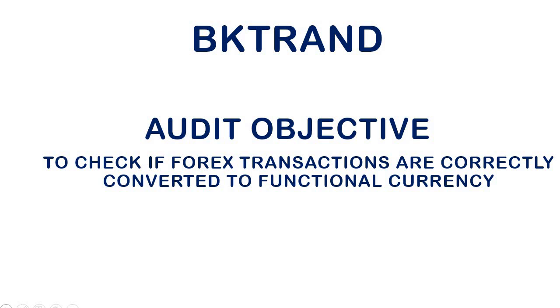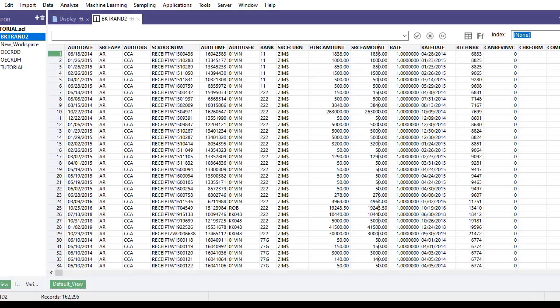We misstate our financial information, so users of that financial information might end up making incorrect decisions. So let me switch to ACL and show you the steps that you need to perform when carrying out the audit.